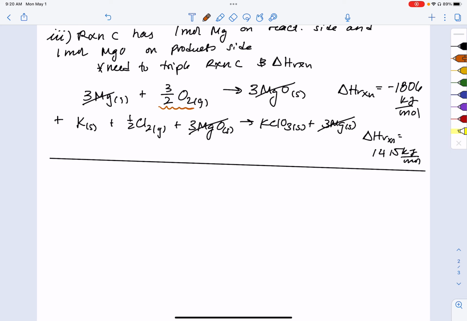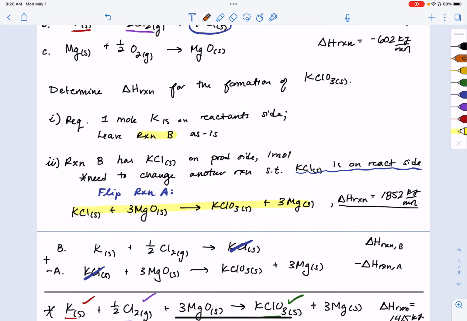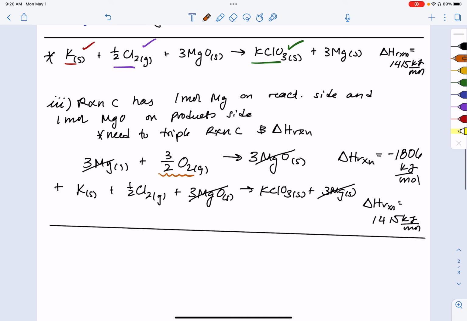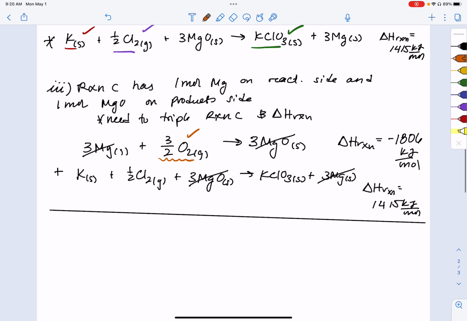So let's go up and check if that's okay for us to have in our resulting reaction. Going back up to our reaction of interest, yes, we did want 3/2 of oxygen on the reactant side, so we should be good to go. Let's see if that's true when we do our final summation.